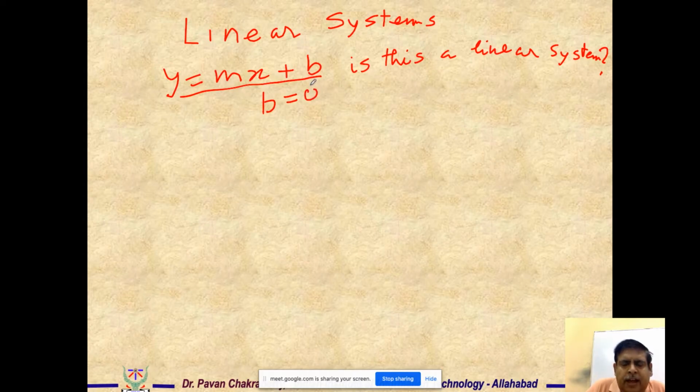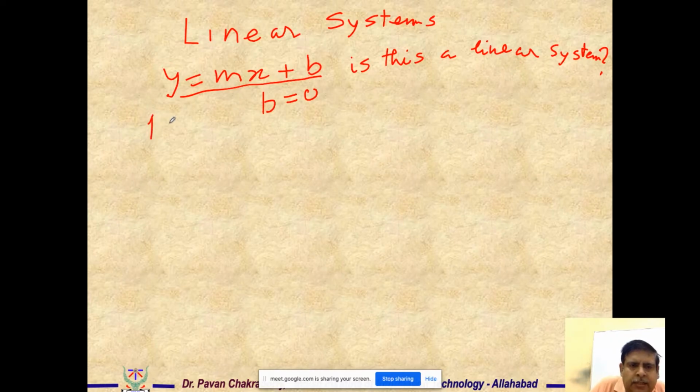We will define what is a linear function and try to develop. For a linear function, there are two conditions. A function is said to be linear when there are two conditions.